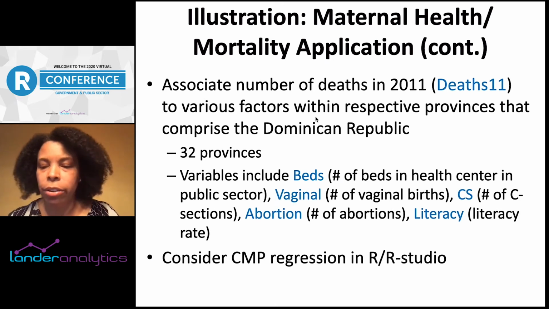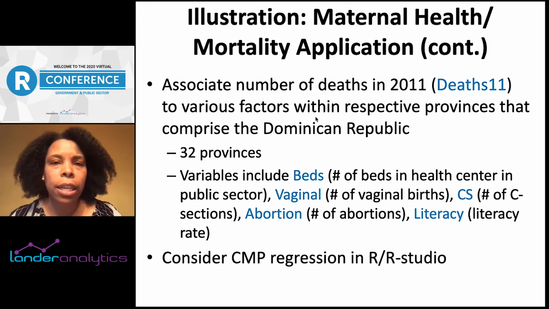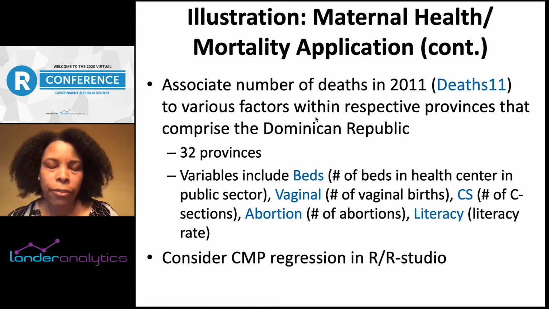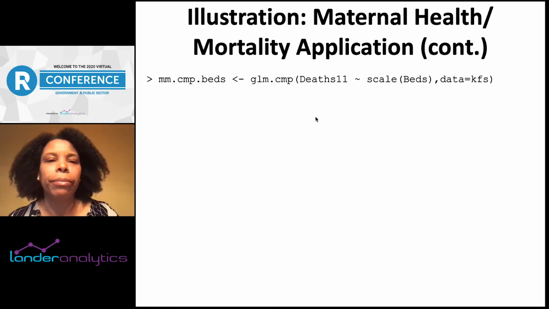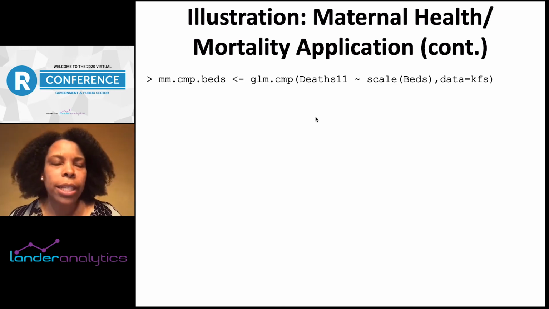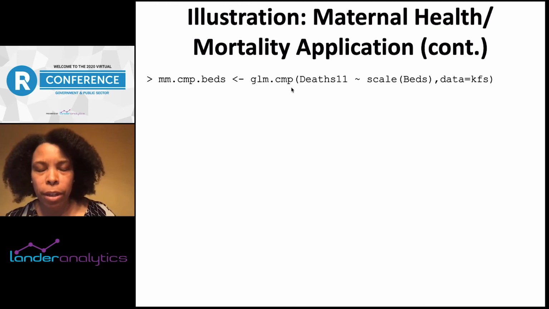Okay, and of course we're going to do this using, since we're assuming or find in the data that there don't seem to present any excess zeros in this data set, we simply went with the basic CMP regression for illustration. What we see here is the call glm.cmp, the functional call to perform a CMP regression, where the usual formula is as one would always expect: the response tilde the explanatory variable of interest.